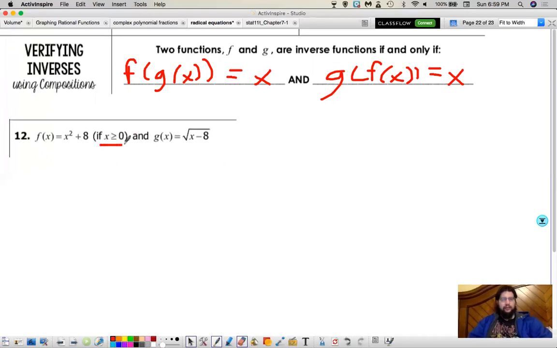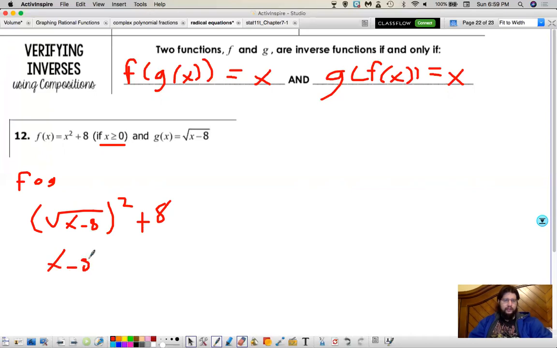So again, we're looking at the positive half of the parabola here. So let's compose them. That's f of g. So I'm going to shove this guy into this guy. Square root of x minus 8 squared plus 8. Let's see what happens.